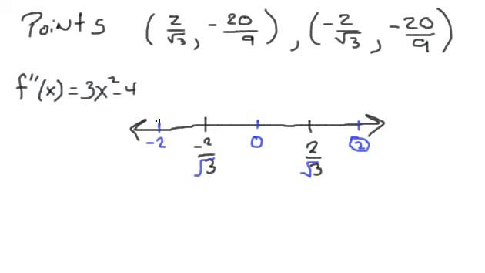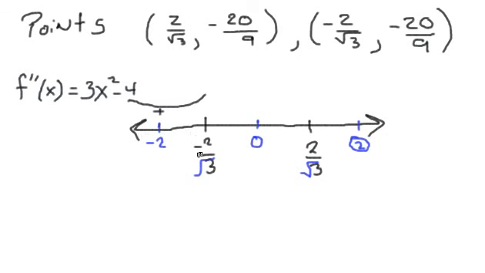So if I take negative 2 and plug it directly in, we get negative 2 squared is 4. 3 times 4 is 12, and 12 minus 4 is a positive number. And so that's positive, so we know that this is going to be concave upward.